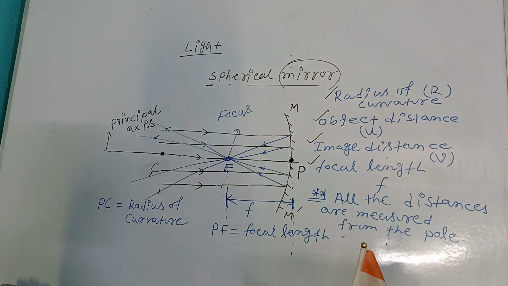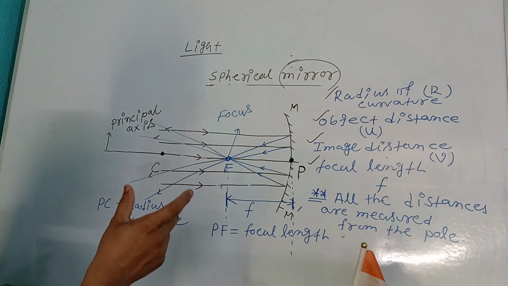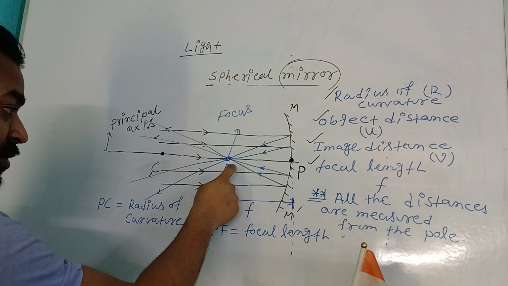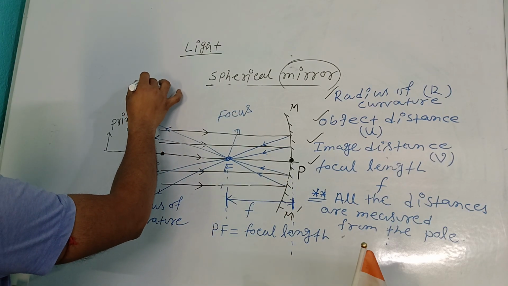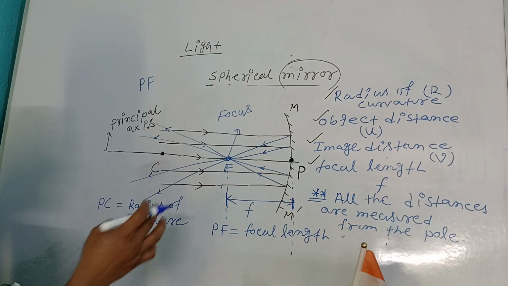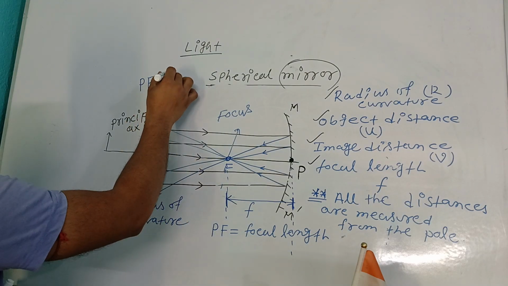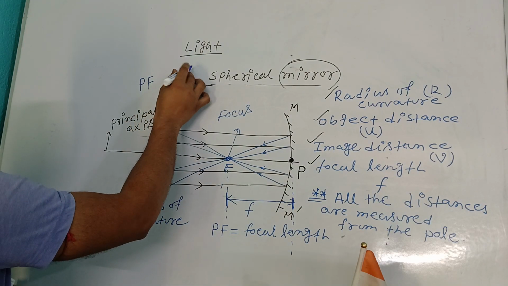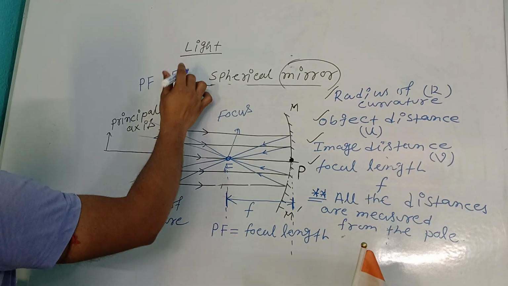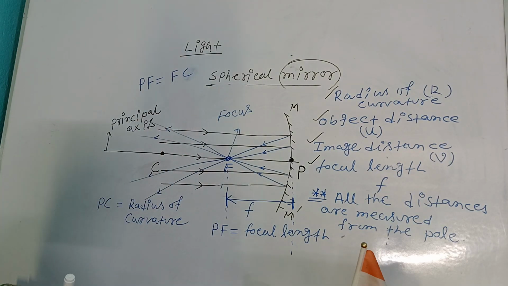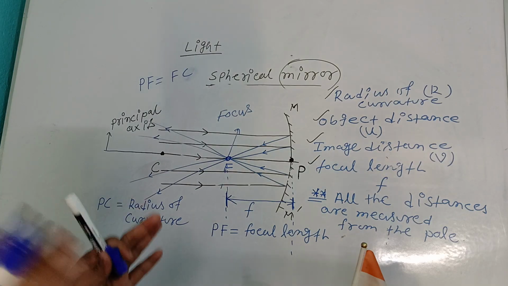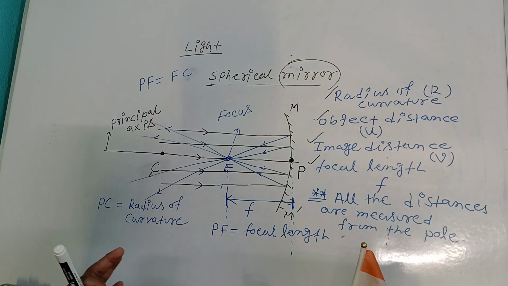Radius of curvature. At the same time, remember one point: the distance between P to F and the distance between F to C are the same, for any mirror, maybe concave, maybe convex.